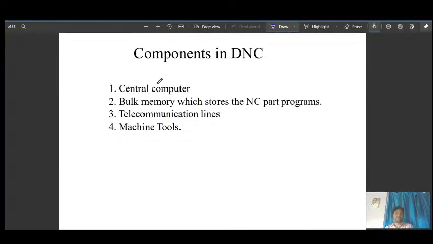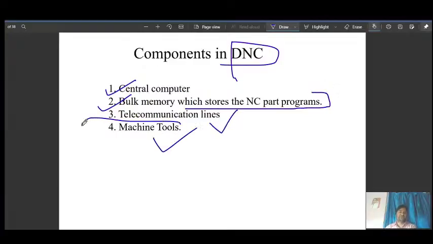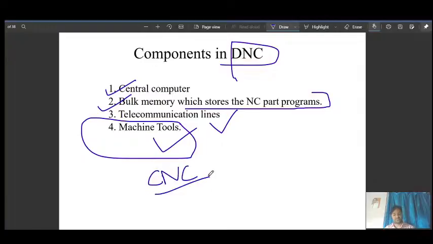The components in DNC, direct numerical control, are the central computer with bulk memory, which stores the NC part programs, then the telecommunication line, and the machine tool, that is the CNC machine. Because we no longer use NC machines, the machine tool you can take directly as a CNC machine.